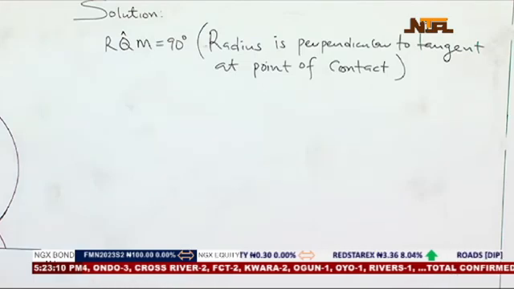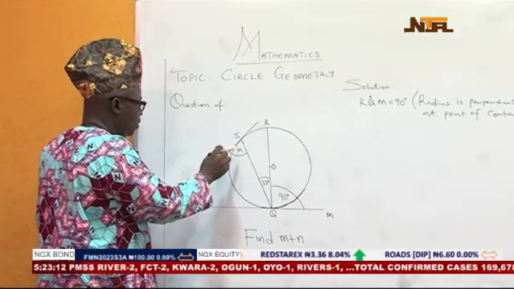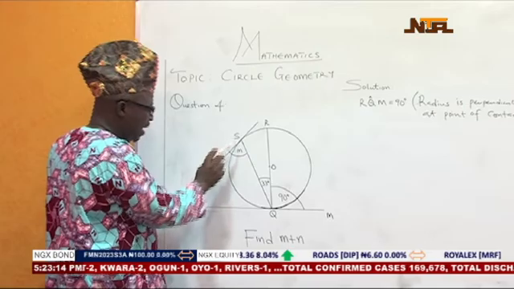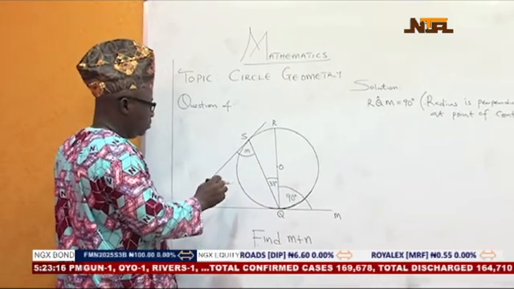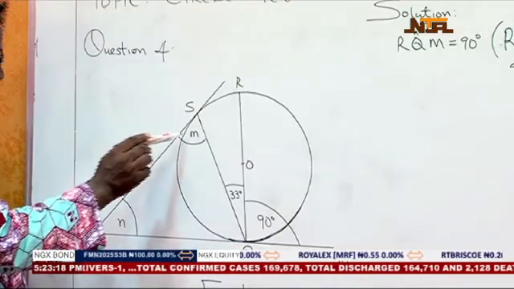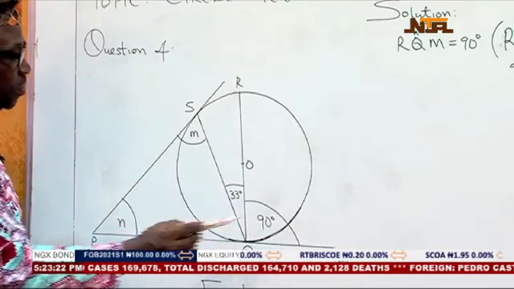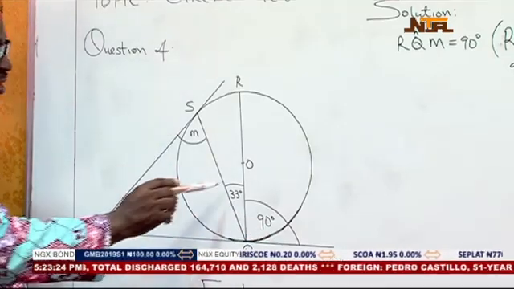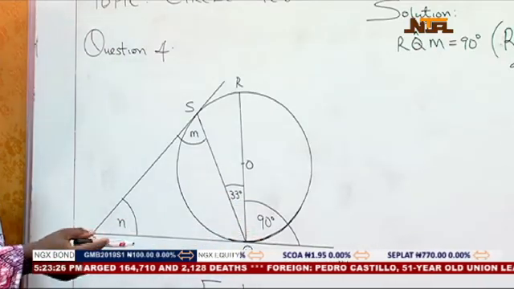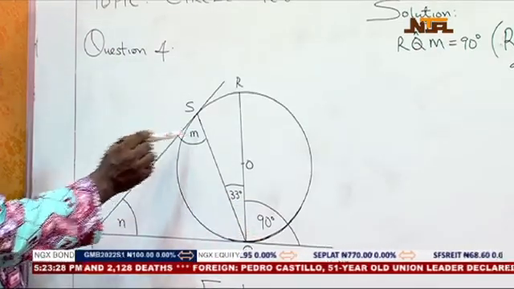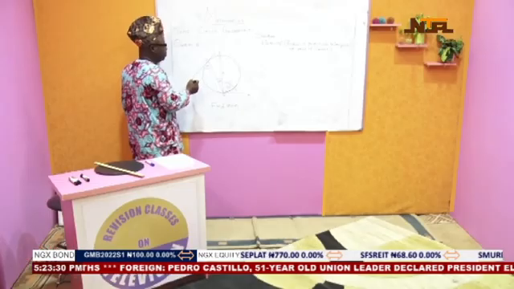Now, looking at triangle PSQ, we can say angle M plus angle N is going to be 33 plus 90, using the fact that the exterior angle of a triangle is equal to the sum of the two interior opposite angles.